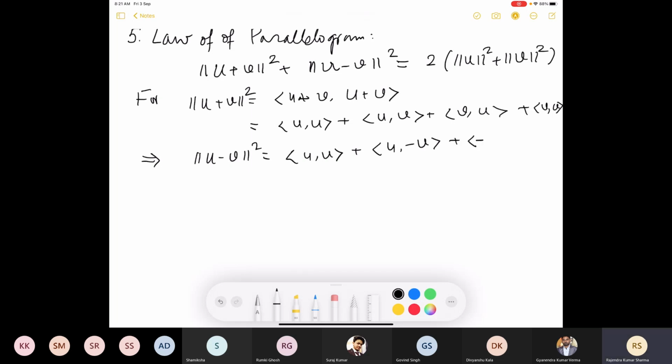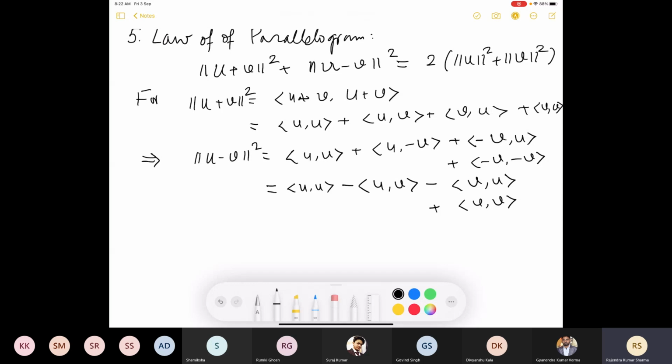Here the minus comes out, so this will be minus of u comma v, and this is also minus of v comma u. And once minus comes, then again minus comes, so this will be plus v comma v.